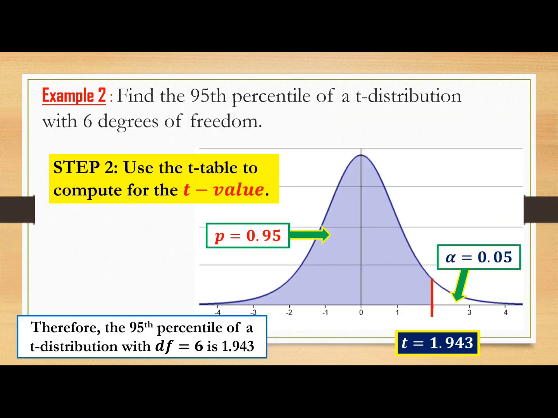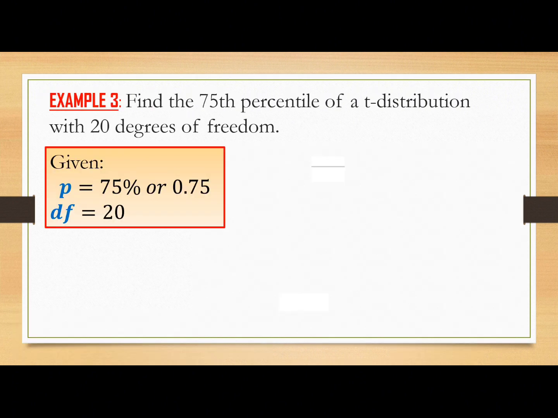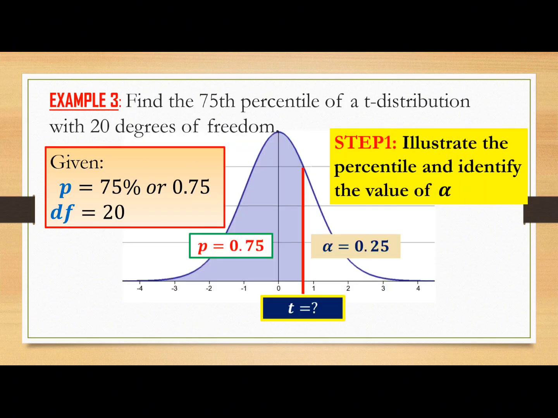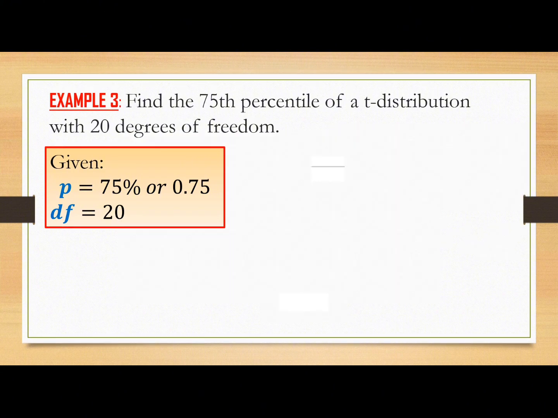So, let's try another example. Example number 3. Find the 75th percentile of a t-distribution with 20 degrees of freedom. We identify the givens: percentile is 75% or 0.75 and degrees of freedom of 20. We illustrate the percentile and identify the value of alpha on our curve. Let's proceed to step 2.